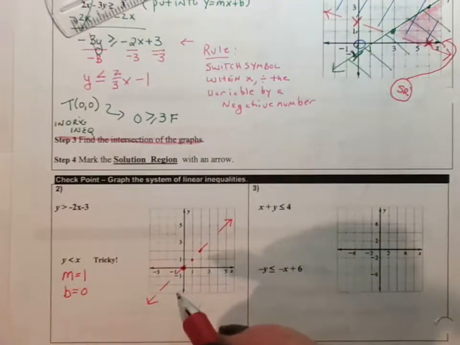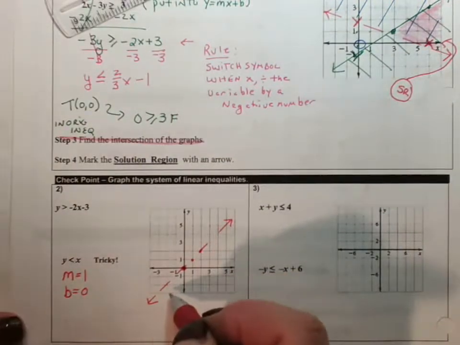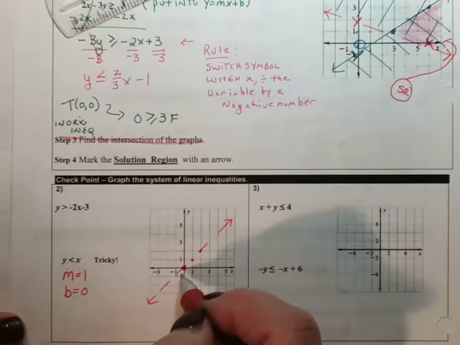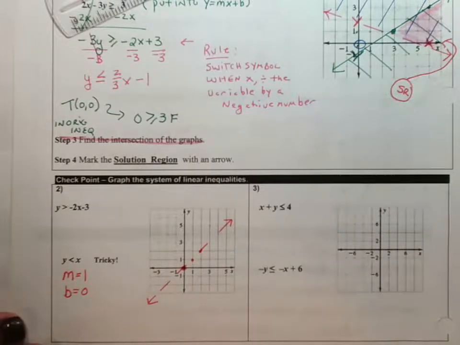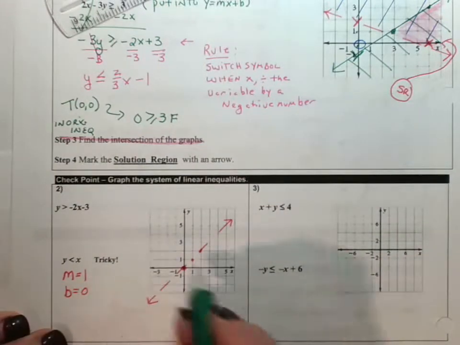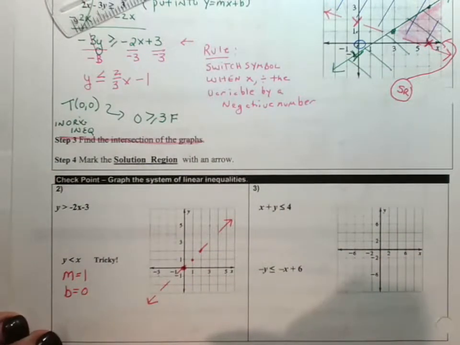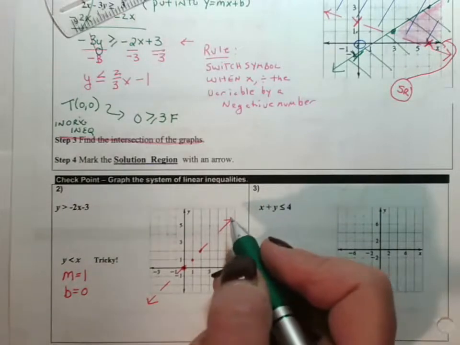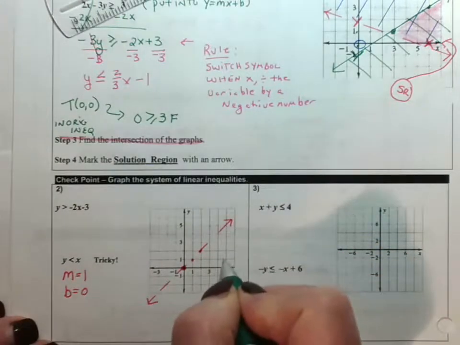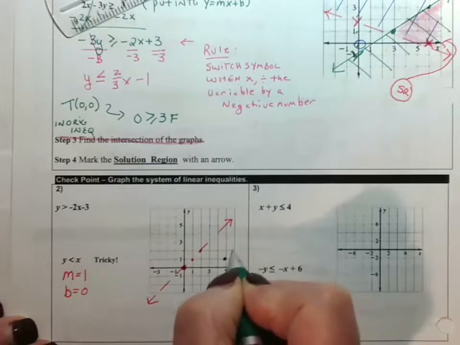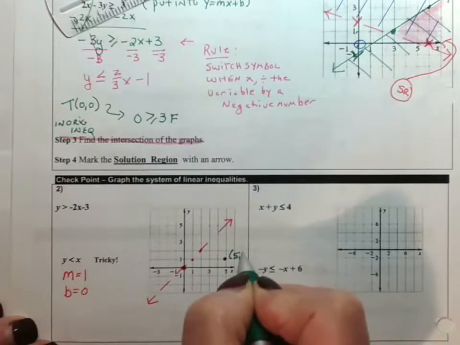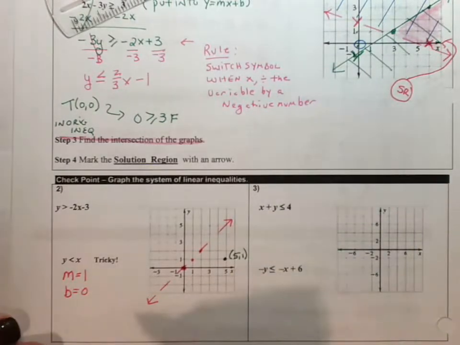Now, this line goes through the origin. So I have to pick a different point. I have to pick one on the top or the bottom. And I go over and I look for an easy point. So I'm going to pick this point here, 5, 1. Right?